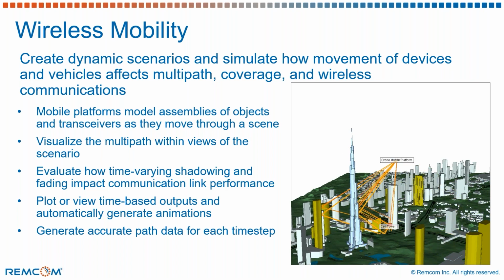As typical with Wireless InSite, at each time step, you have your full set of outputs, including your path data. Any of the requested outputs will be available to you for every single step that's been simulated.